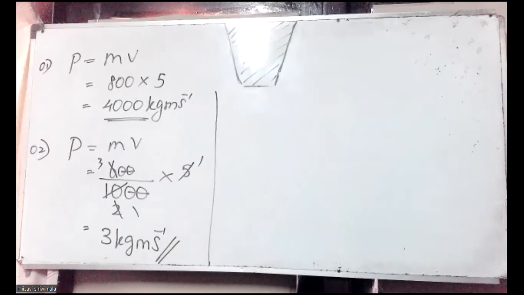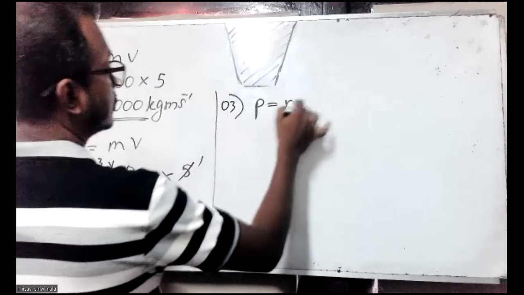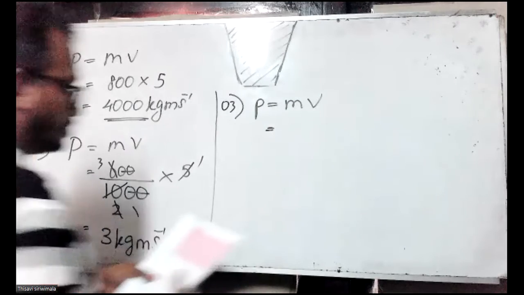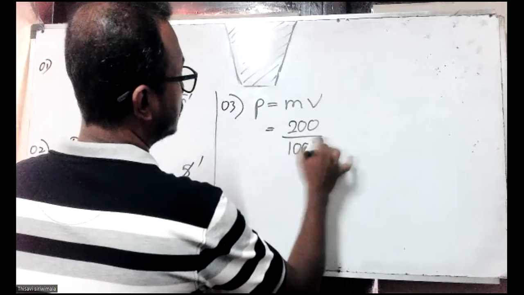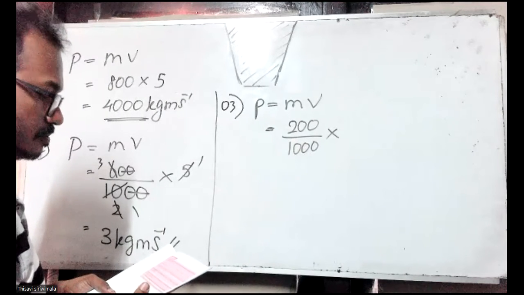So, first two questions. Third one. A certain object has a mass of 200 grams. If it moves with a velocity of 4, what is the momentum? So the mass 200 grams divided by 1000 into 4.